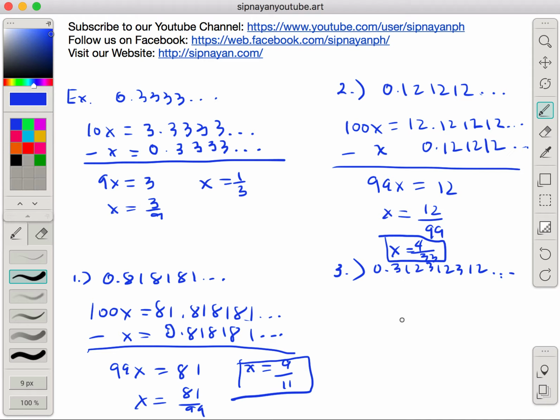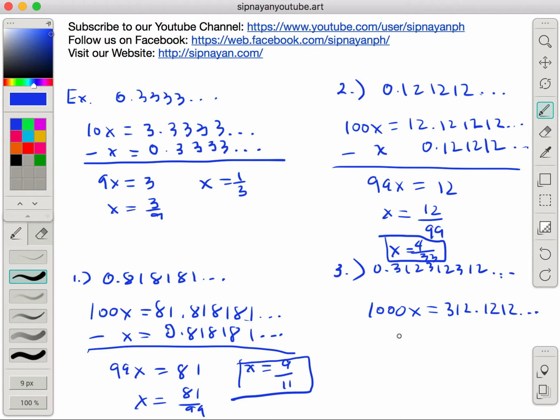But if we make it 1000x, we have 1000x equals 312.312312... and so on. When you multiply by 1000, you move 3 decimal places to the right. When you multiply by 100, you move 2 decimal places to the right, and when you multiply by 10, you move 1 decimal place.